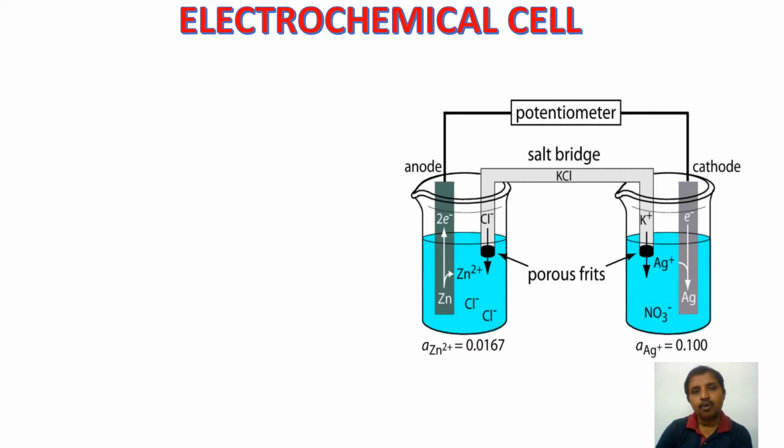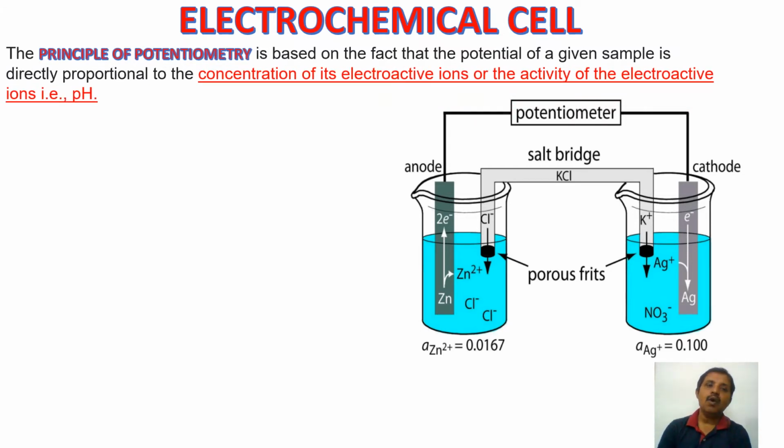Now let us discuss the electrochemical cell and the principle involved in potentiometry. The principle of potentiometry is based on the fact that the potential of a given sample is directly proportional to the concentration of electroactive ions.